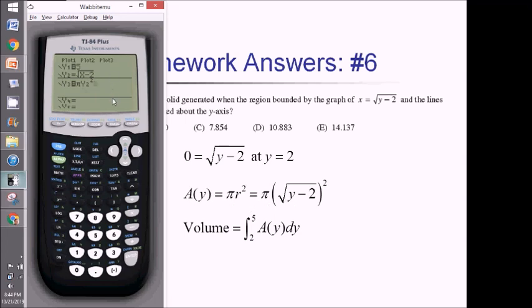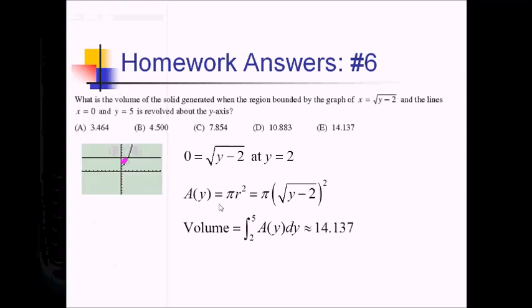So let me get out of there now, and let me do math 9 for my integral. We're going from 2 to 5, alpha trace y3 for my area function, dx, because I entered it in terms of x in y3, and that gives me about 14.137. So that's going to end up being choice E.